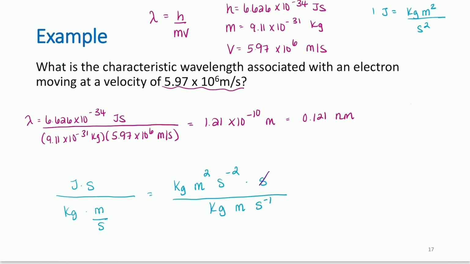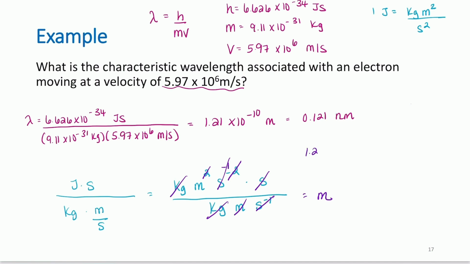The seconds in the numerator cancel with one of the seconds in the denominator, so this is now a minus 1. I've got seconds to the minus 1 divided by seconds to the minus 1, that cancels. I've got meters squared divided by a meter. That cancels out one of my meters in the numerator against the meter in the denominator, and kilogram cancels with kilogram, giving me an overall meter.